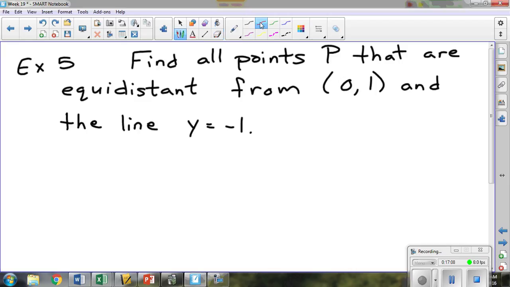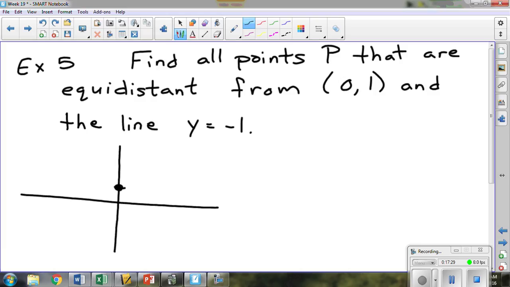Okay, first of all, we should try to understand what's going on in this problem. We are working in the coordinate plane. We have the point (0, 1).